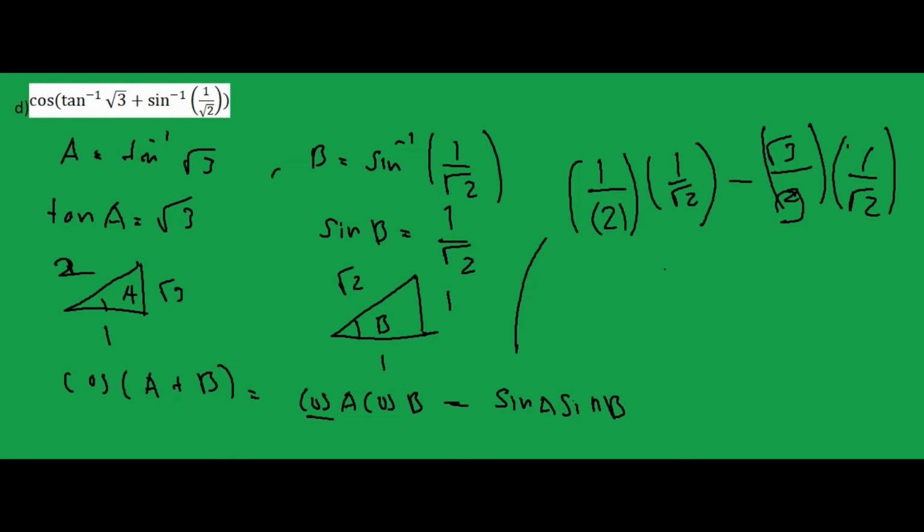So what we get is 1 multiplied by 1 is 1, 2 multiplied by root 2, we got 2 root 2. So root 3 multiplied by 1 is root 3, 2 multiplied by root 2 is 2 root 2. So here we got the same denominator. So we can make it a single expression, 1 minus root 3 over root 2 multiplied by 2. So this is the final answer for this question.